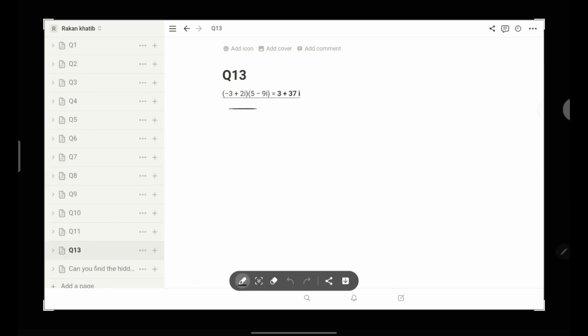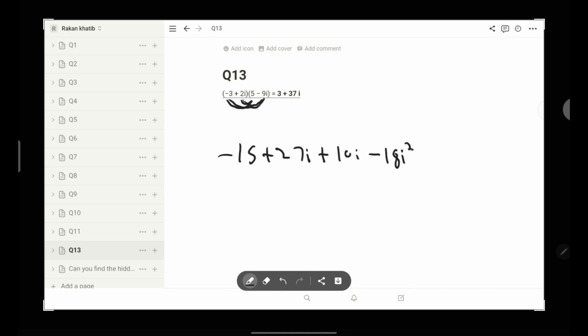Here we just multiply normally like every other time, and we get -15, and then here we get plus 27i, and then 2i times 5, that's plus 10i, and finally 2i times -9i, that's -18i squared.